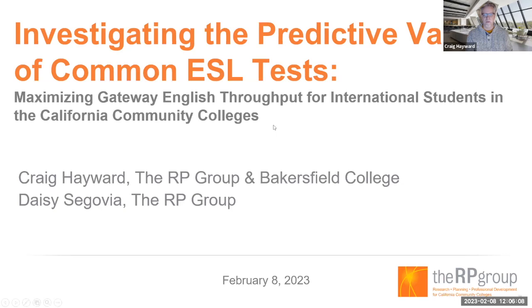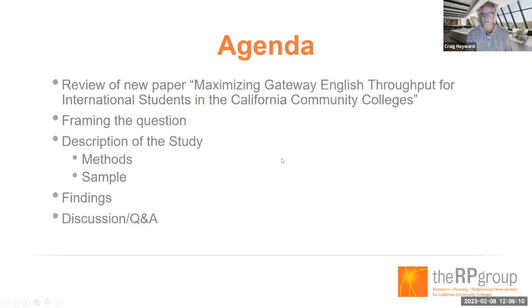So let's move into the overview of today's agenda. There is a new paper, and we'll be sharing that link with you so you can get the full version available right away.